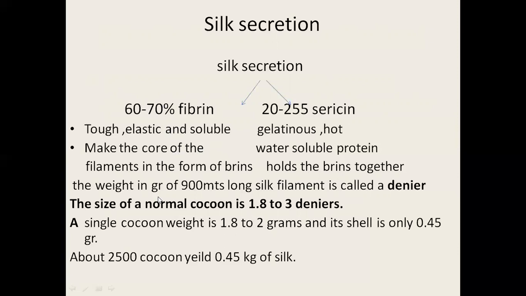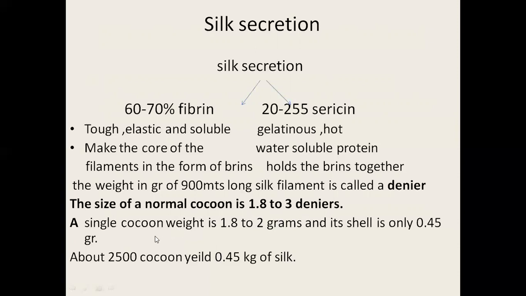The weight of 9,000 meters of silk filament is called denier. The weight of 1 gram of 900 meters long silk filament is called denier. The size of a normal cocoon is 1.18 to 3 deniers.